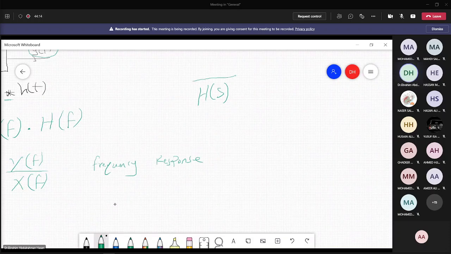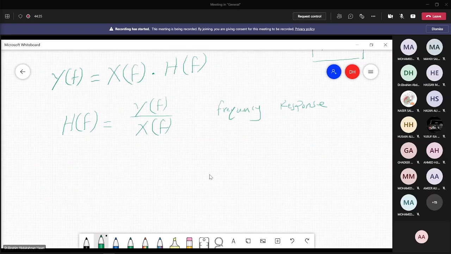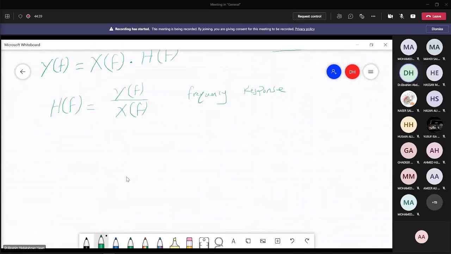This is the transfer function. We covered it in chapter 15 in Circuit 2.